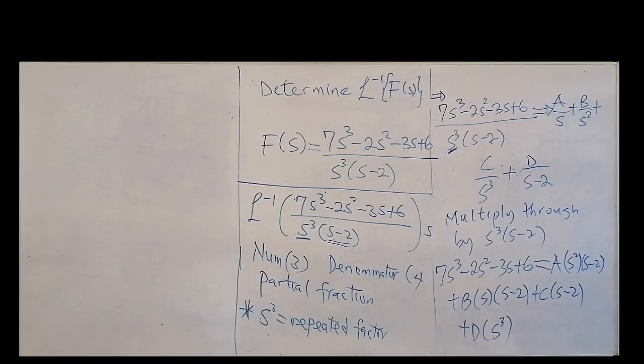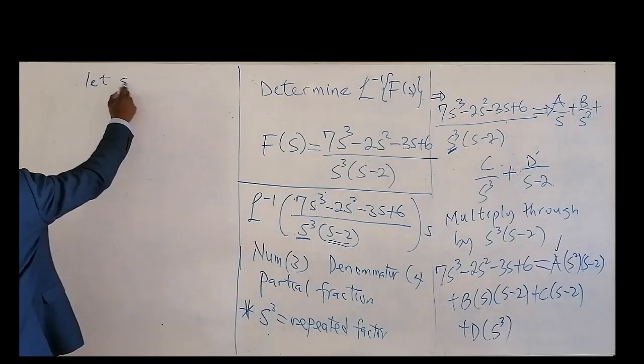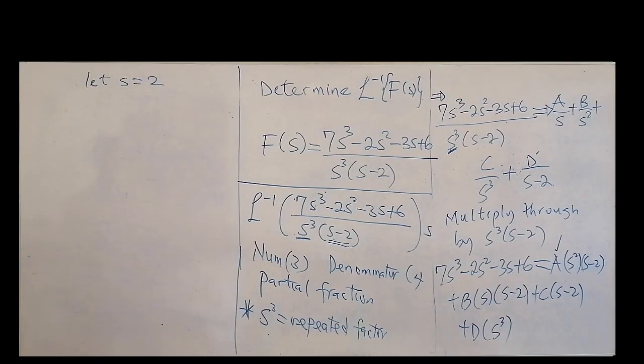Then the next thing to do is to look for ways of cancelling certain expressions so that we can get the constants A, B, C, and D. That's what we're looking for. Let x equal to 2.